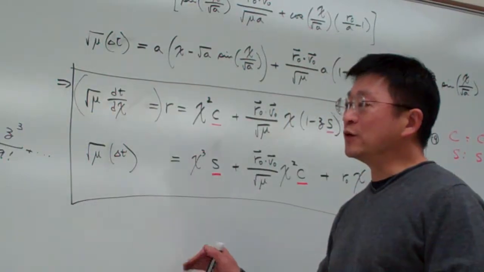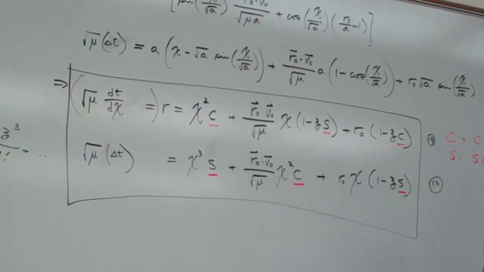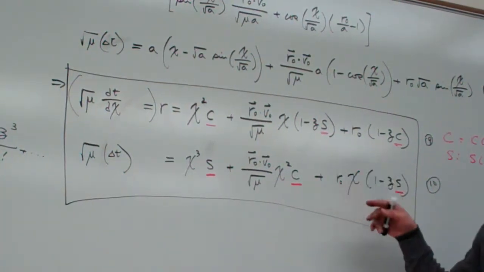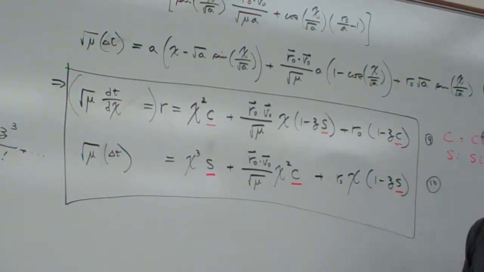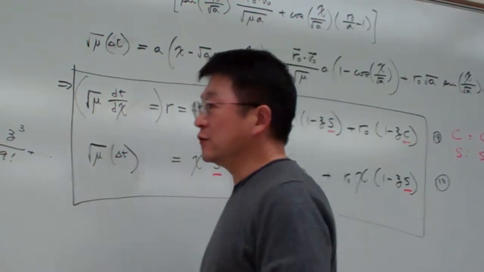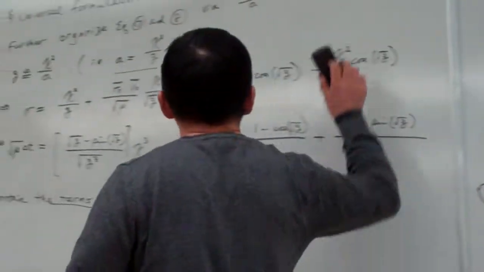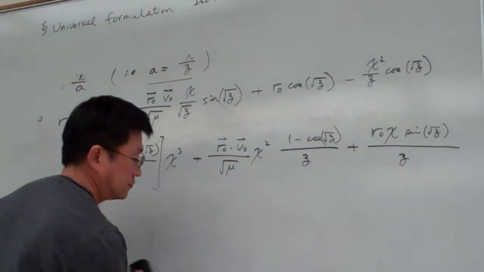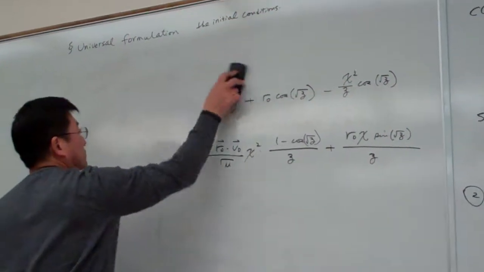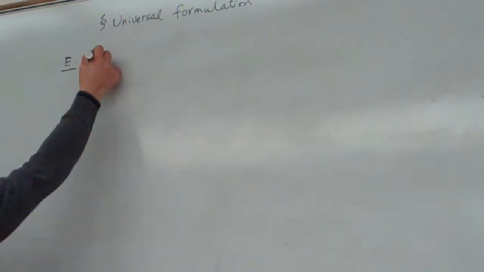Here, before we do the exercise, I want to convince you why the two equations are really the one universal expression for Kepler's problems, and let me give you some evidence.